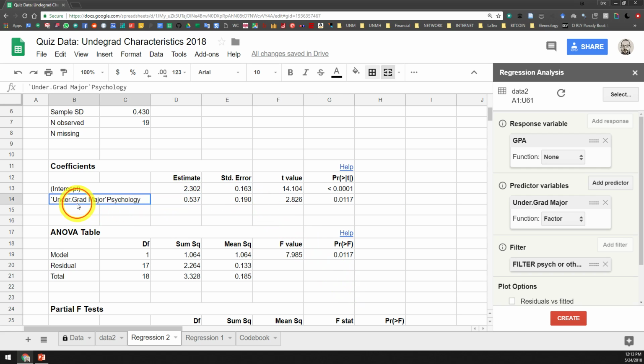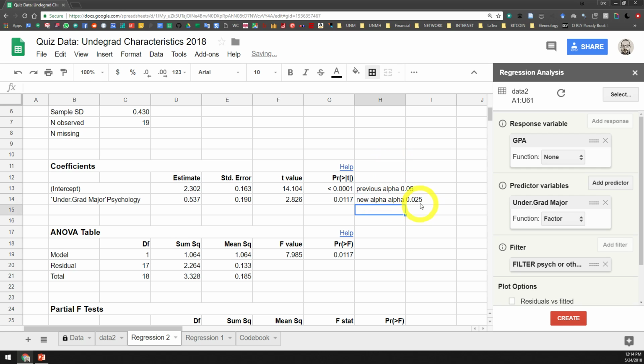So here what we can see is the undergrad major GPA is about half a unit, or 0.537, higher in psychology than other science degree. So psychology is higher than other science degree, and it's significant. The p-value is 0.0117. Remember our previous alpha that we used was 0.05, but our new alpha, because this is coming after the ANOVA, is 0.025.